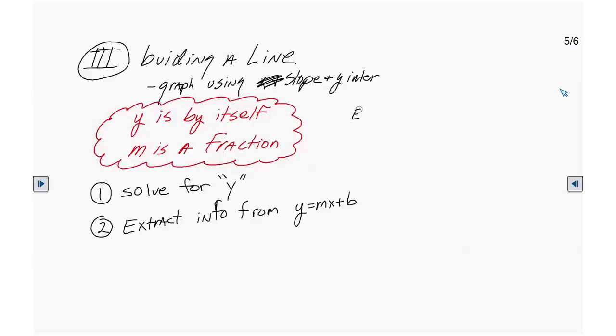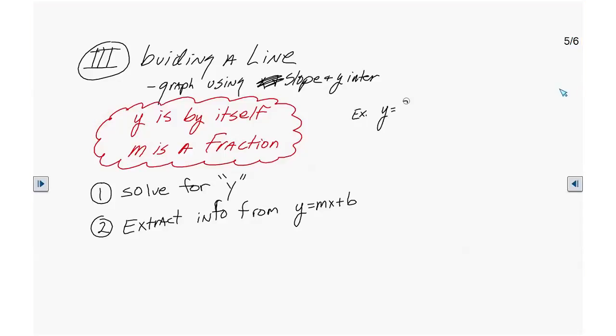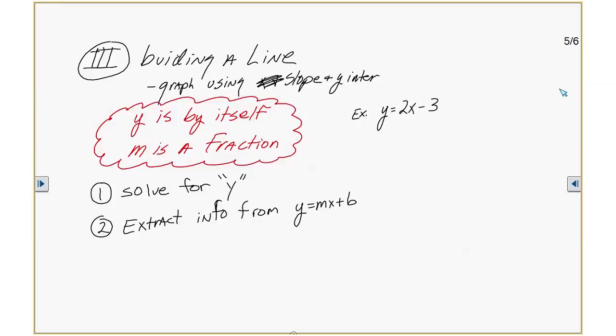Example: y is equal to 2x minus 3. So in this case, y is equal to 2x minus 3. I'm going to rewrite the slope as 2 over 1 because there's not a fraction there. So you make it a fraction, and then I extract the information.